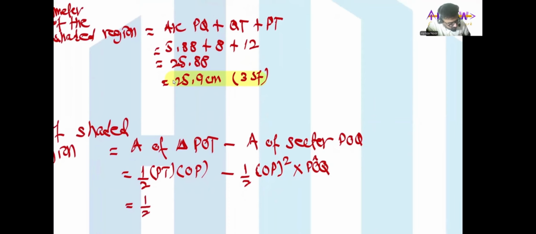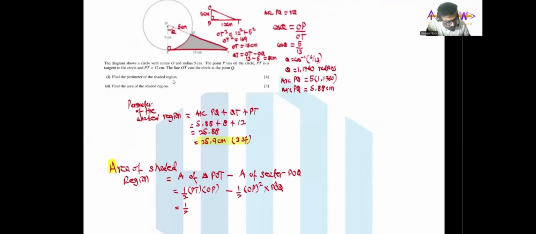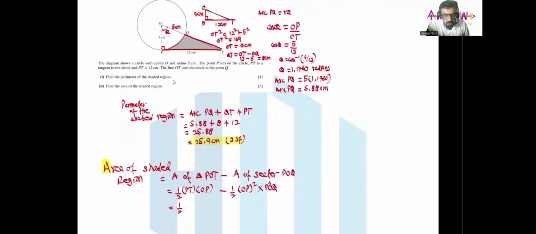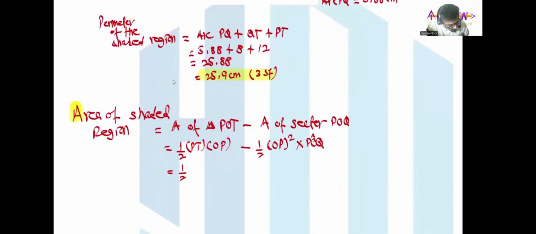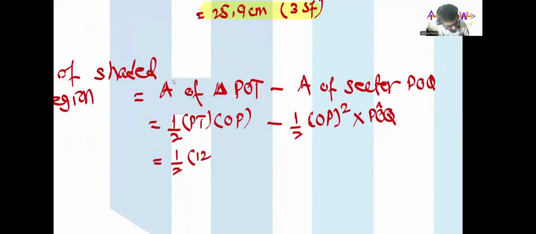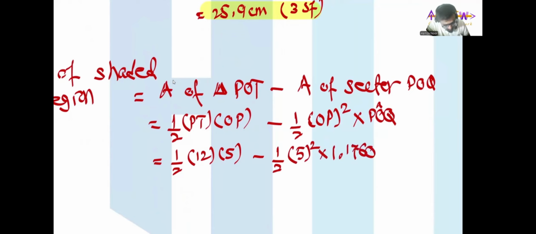Here we are just going to use the formula. Half into base into height: the length of PT is given to us and OP is also given to us. PT is 12 and OP is 5. So half multiplied by 12 multiplied by 5, and then we will subtract the area of the sector, which is half multiplied by 5 square multiplied by theta, and theta was 1.1760 radians.